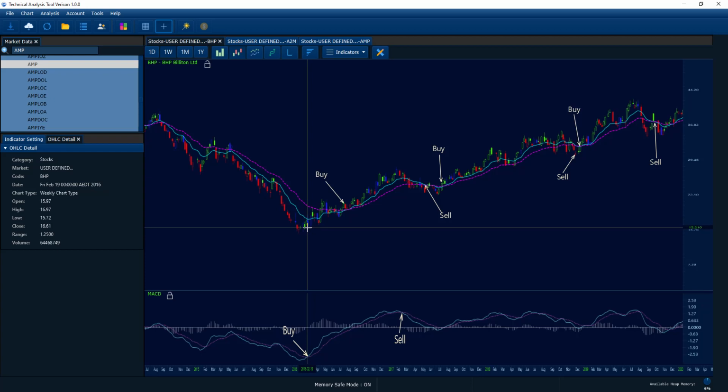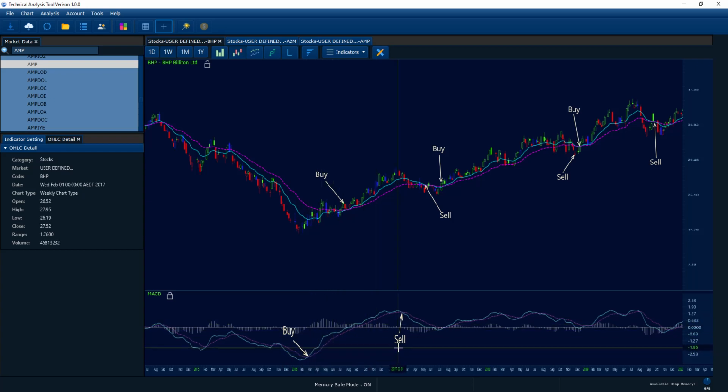Some people use the MACD line crossing the signal line right here. See the blue line cross above the signal line, which is the pink one. Some people buy here, right? So that's good. If you buy from here, you have an even better entry point from this type of crossover. You buy much earlier, so you position yourself better.